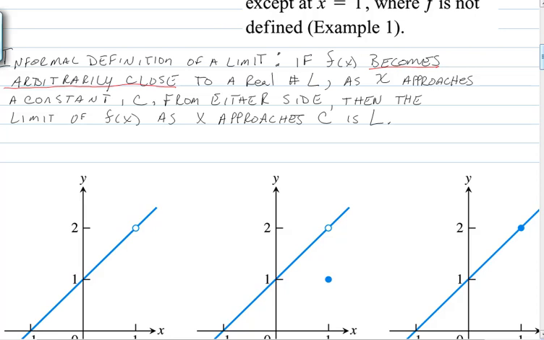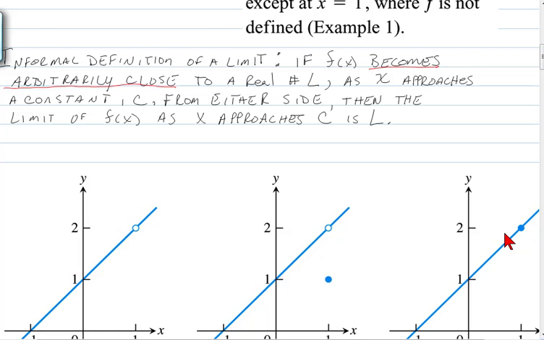In this case, it's 2. If the y value gets close to a real number, that real number is our limit. As x gets closer to some number, in this case 1, the y's are getting closer and closer to 2. A limit is just the value that the function approaches.